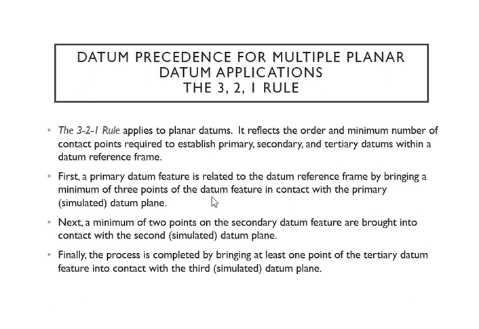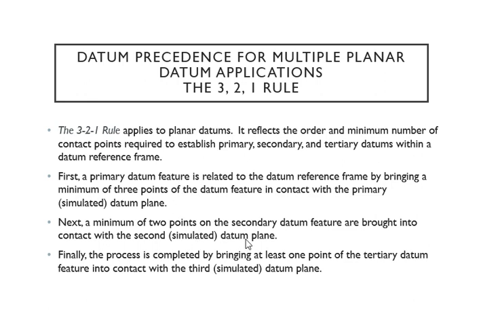So the primary datum feature is going to be related to the datum reference frame, and you're going to have 3 points of contact. Those points of contact are right on your part, with other features, where exactly that datum feature is in contact with your primary datum plane, which is your simulated plane.